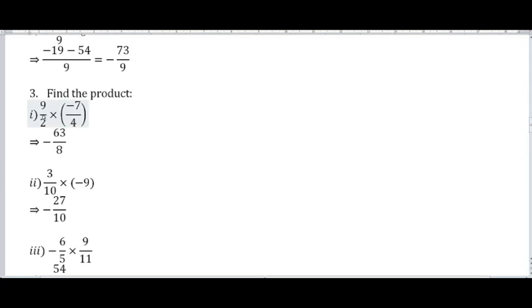Here, 9 and minus 7, if you multiply 9 and 7, that means 9 sevens are 63, but here minus is there, so minus 63 by 2 fours are 8. That is how we are going to multiply the rational numbers.